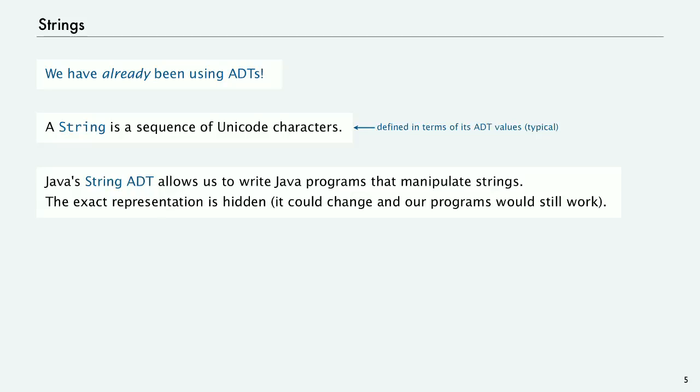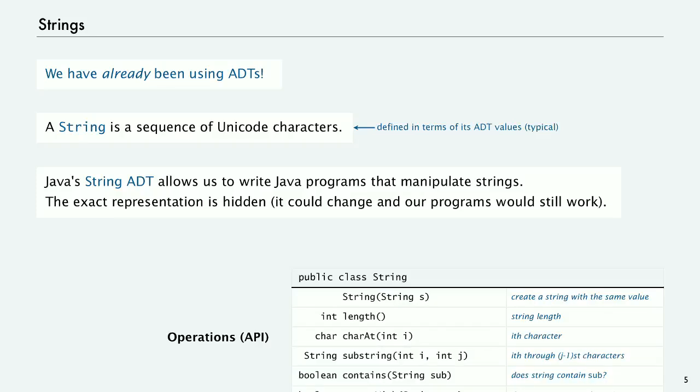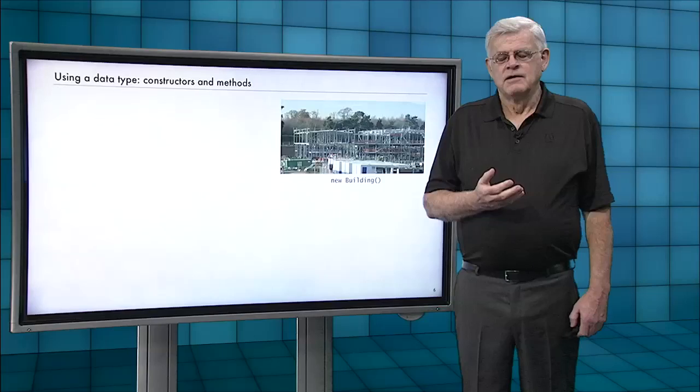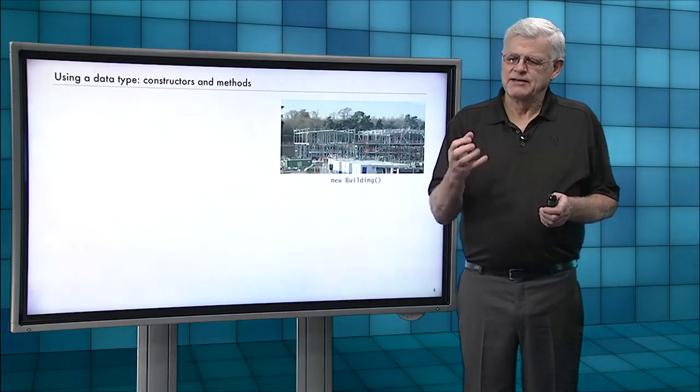And Java's string ADT allows us to write programs that manipulate strings, but the exact representation is hidden. Java could change it and our programs would still work. And we've used a number of operations on strings. You can find the length, you can take a substring, and we'll talk about these in much more detail later in this lecture.